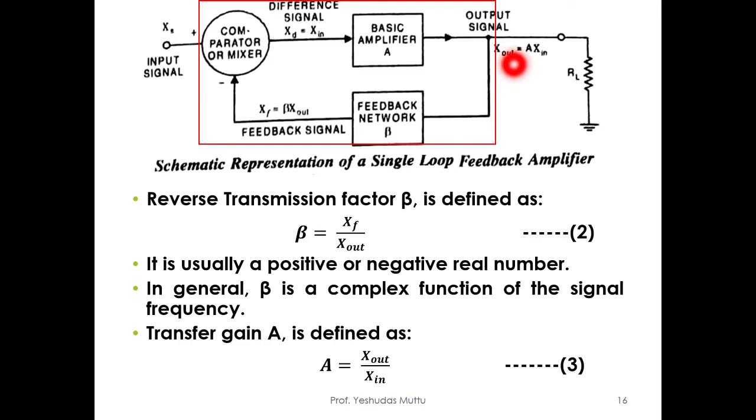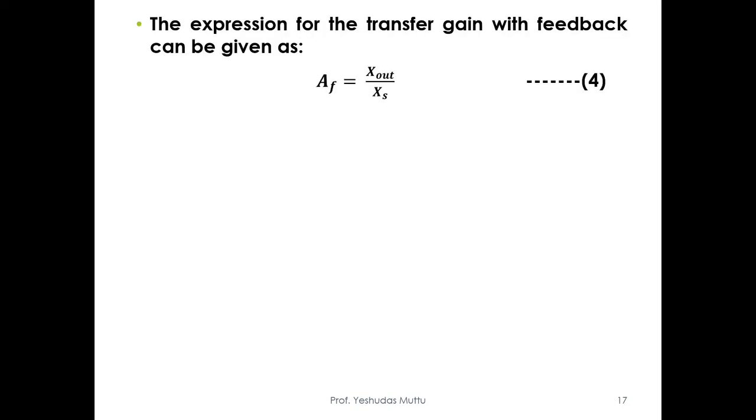So AF, the transfer gain with feedback, is going to be the output, X out, upon the input, XS, which we will see on the next slide. So AF is X out upon XS. That is the transfer gain with feedback. Let me call it equation number 4.